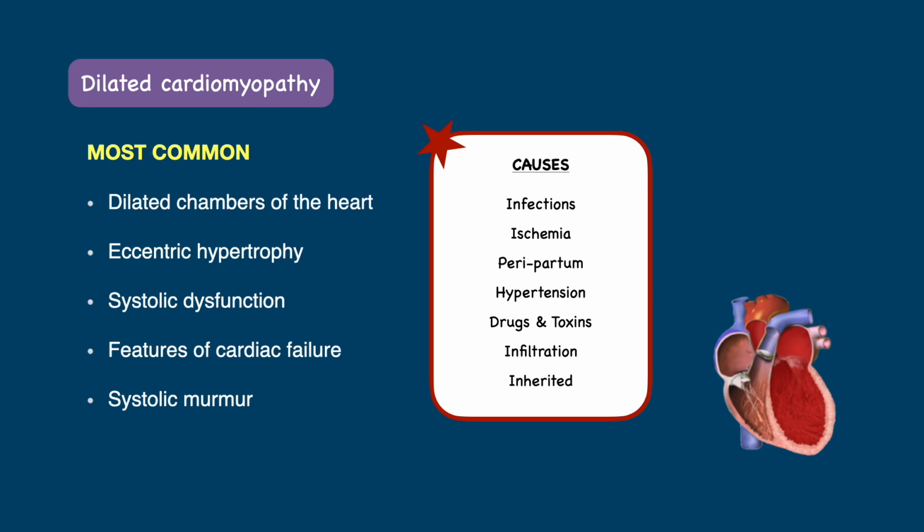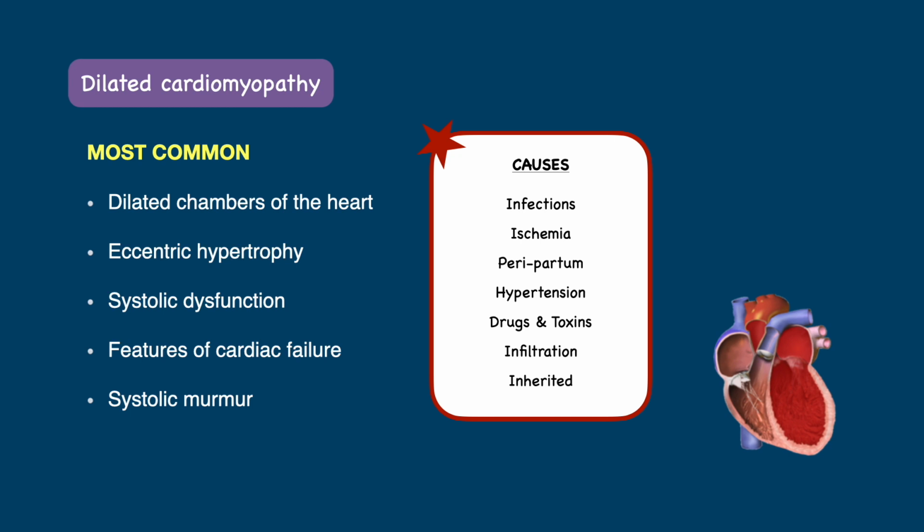Other conditions to look out for whilst working up the cause of dilated cardiomyopathy include myocarditis caused by infections such as HIV, Coxsackie B, diphtheria, Chagas disease, of course ischemic heart disease, peripartum cardiomyopathy, long-standing hypertension, iatrogenic causes as seen in the use of doxorubicin, substance abuse such as in the case of cocaine or alcohol, and rarely infiltrative causes like sarcoidosis and hemochromatosis, and finally, inherited diseases that predispose one to dilated cardiomyopathy, such as seen in Duchenne's muscular dystrophy.